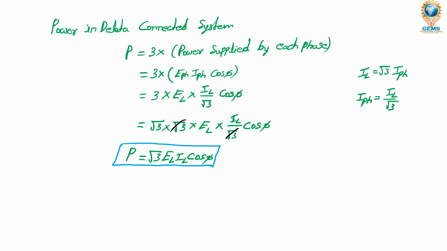Next, if you see clearly, this is star connection, this is delta connection. In star connection, line current is equal to phase current. In delta connection, line current is equal to root 3 times the phase current.